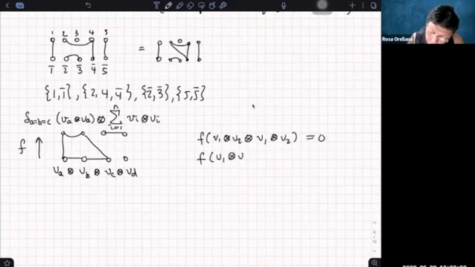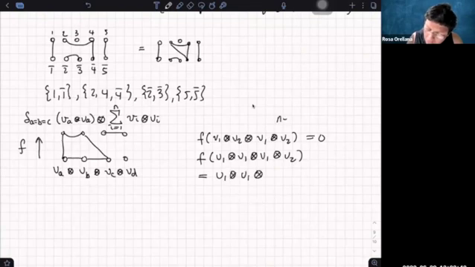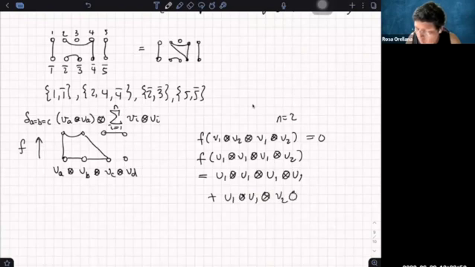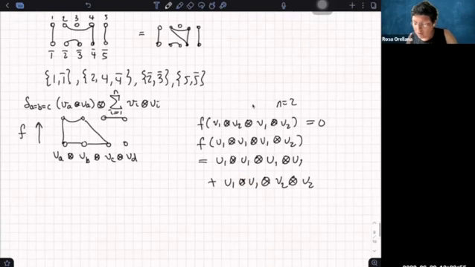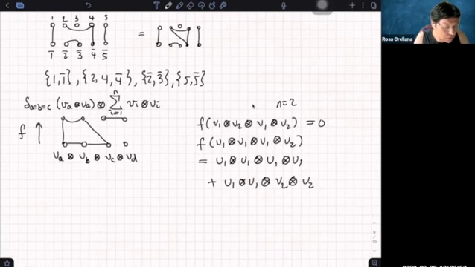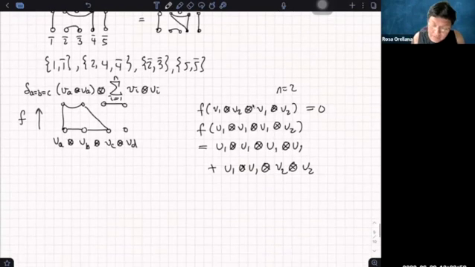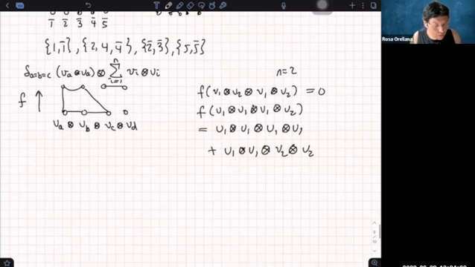But if they are equal, this is going to give you a sum of two things, for n equal to 2: V1 tensor V1 tensor V1 tensor V1, plus V1 tensor V1 tensor V2 tensor V2. So it would give you the sum of this. So it kind of gives you an action on tensor space. And it's these linear transformations arising from this action that commute.